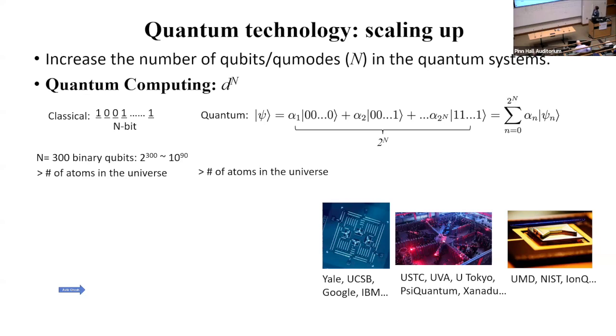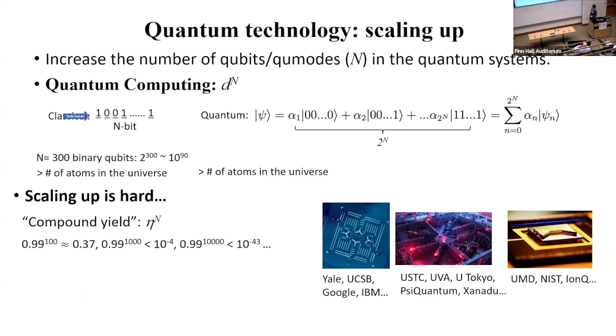And then the photonic type: there's USTC in China, who did the satellite teleportation work, and UVA, Tokyo University, and two giant startup companies. They're now at $1 billion, so I think that's still called a startup unless they go public. And then there are trapped ions. These are very cool: IonQ, Maryland, and NIST.